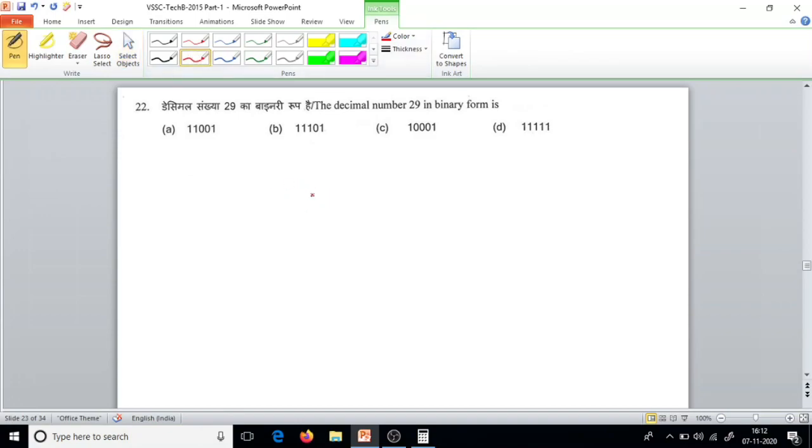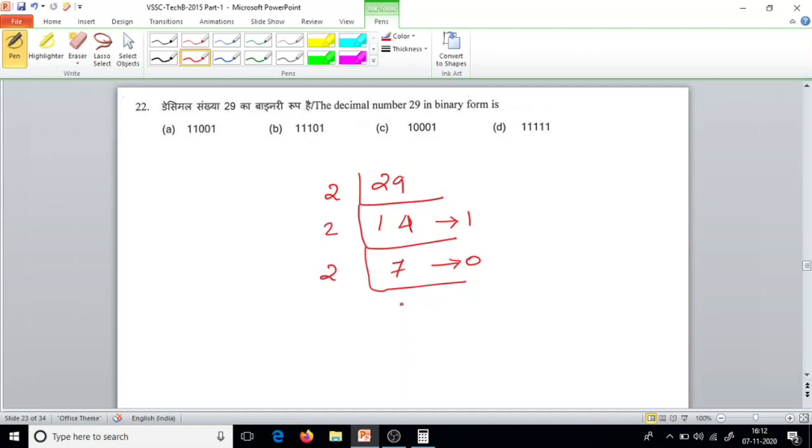Question number 22. The decimal number 29 in binary form is. We will divide 29 by 2 to convert into binary form. 14 times 28, remainder 1. Again we divide by 2, 7, remainder 0. Again divide by 2, 3 times, remainder 1.